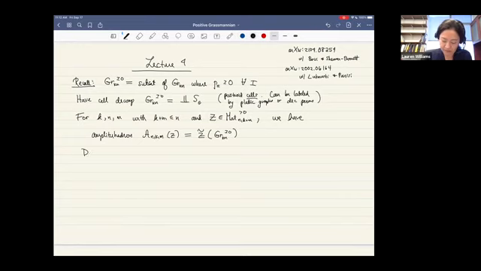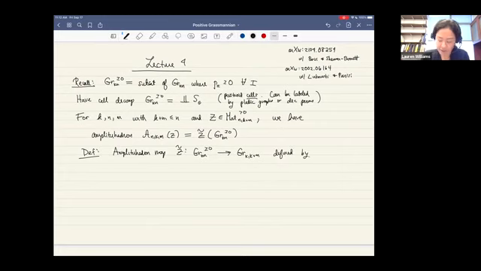So the amplituhedron map is the map from the non-negative Grassmannian into the Grassmannian of k-planes in k plus m space.